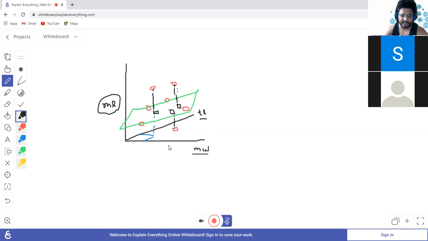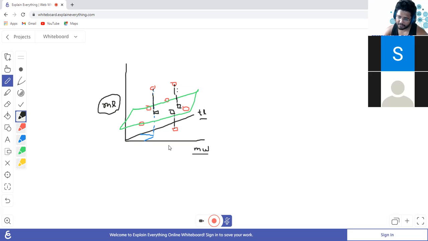Means, imagine it. So intuitively you can think that now 3 parameters are determining the length of the mouse. Initially it was only mouse weight, then it was mouse weight and its tail length. Now it is mouse weight, tail length, and the age of the mouse. So we are keeping on adding more parameters to the model.